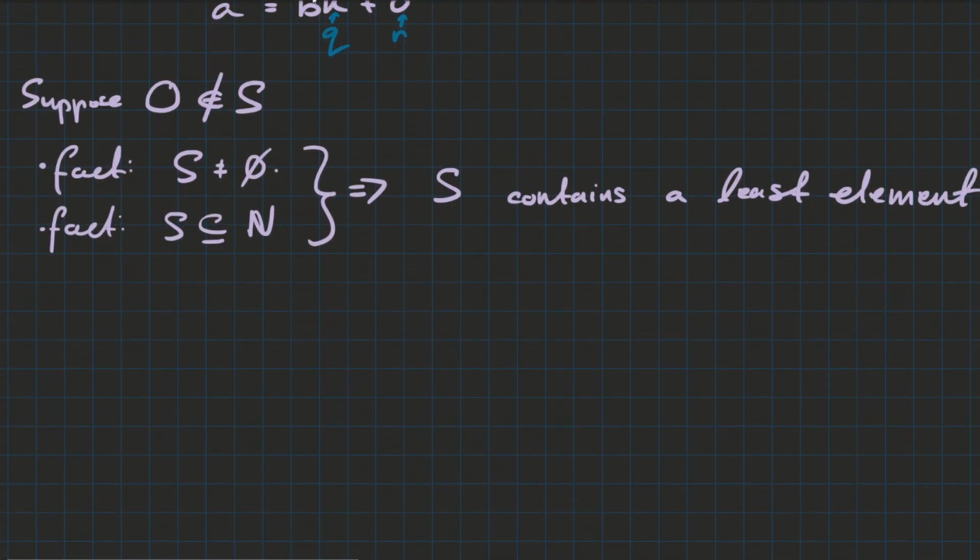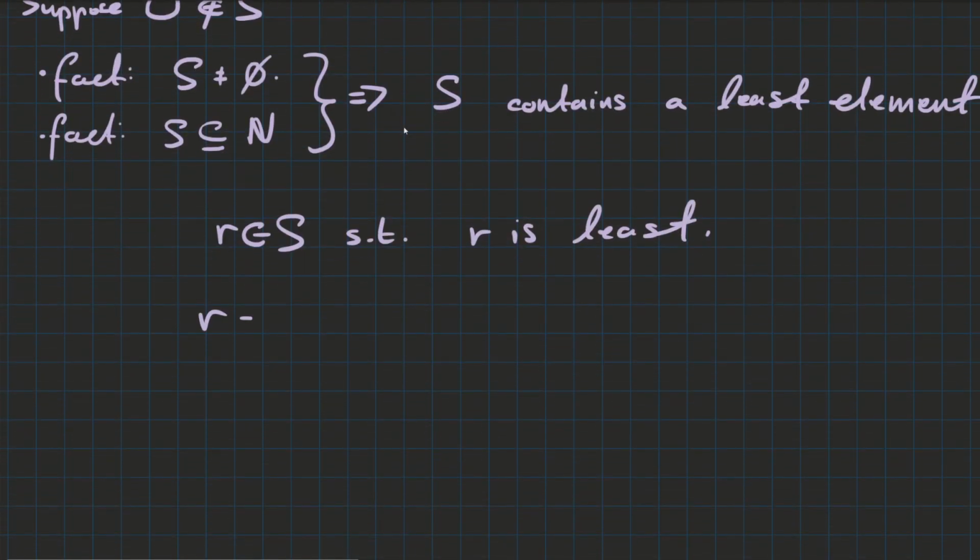That means we have some R in S such that R is least. Call it R. Well, R is in the set, right? So R is equal to A minus BK, but I'll call it Q instead, right? I'm just relabeling it, right? For some Q in Z.